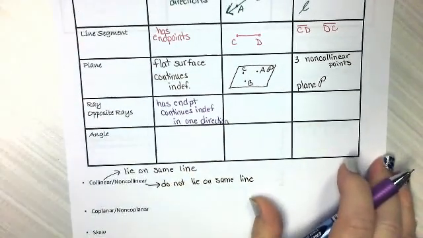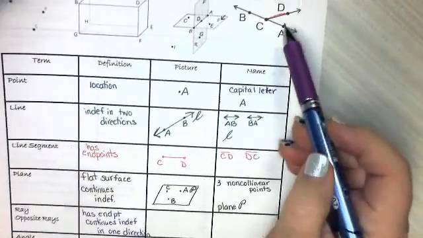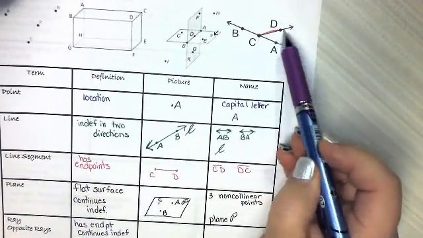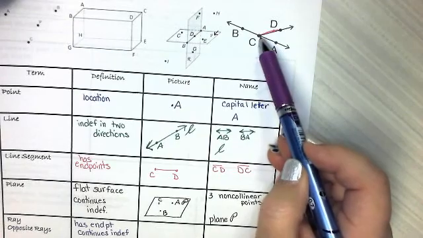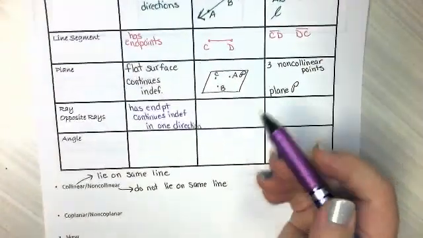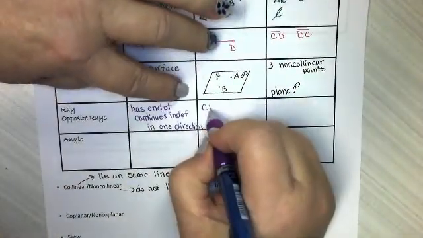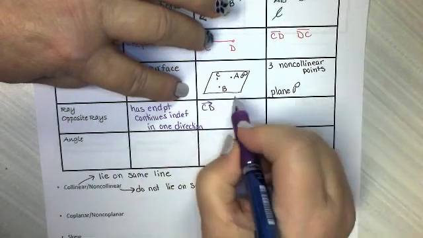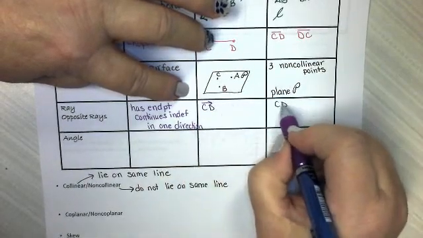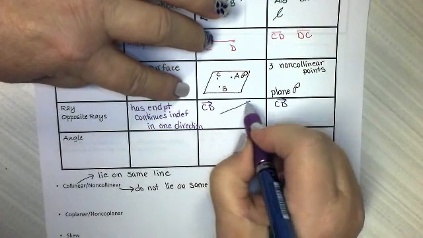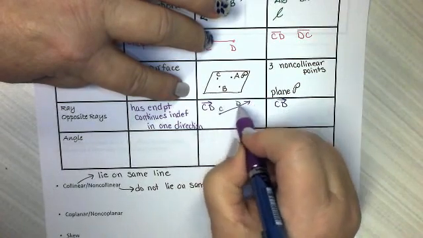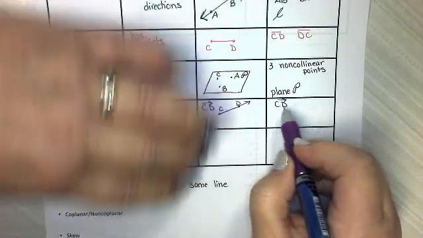So an example of a ray, back in this top picture, ray CD. Notice it starts at an end point, continues in one direction. So I'm going to say ray CD. I should have drawn that over here and given you the picture. Starts at C, goes through D, and keeps going.